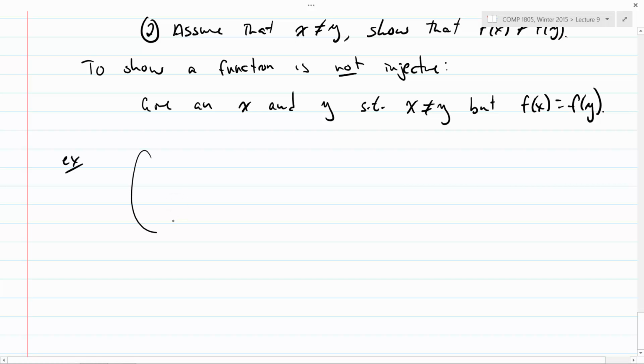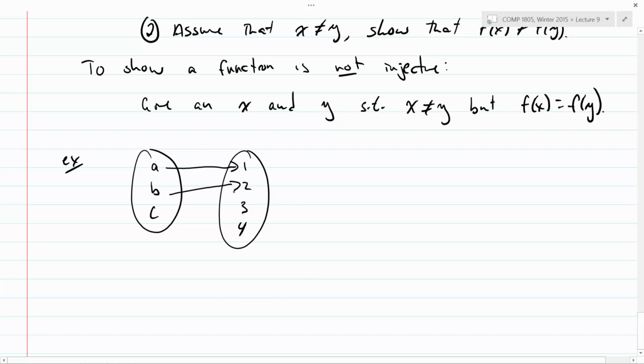So let's say we have a, b, c, and 1, 2, 3, 4, and the function takes a to 1, b to 2, and c to 4. So is this function injective? Okay, so the way you determine that is you look at every element. You look at element 1.